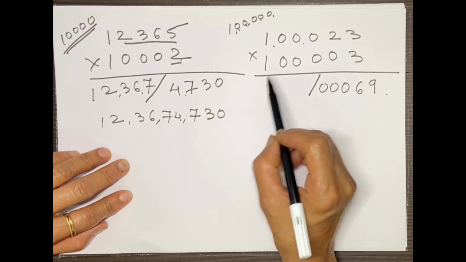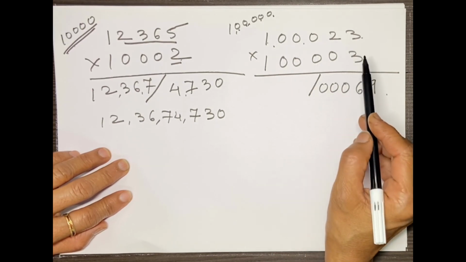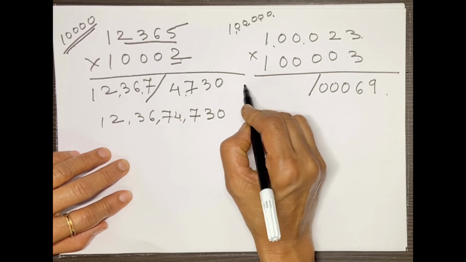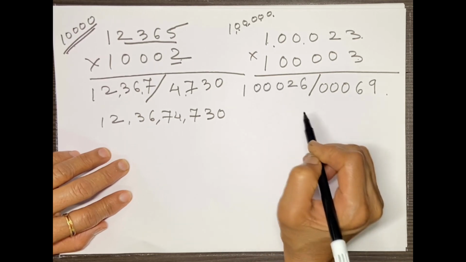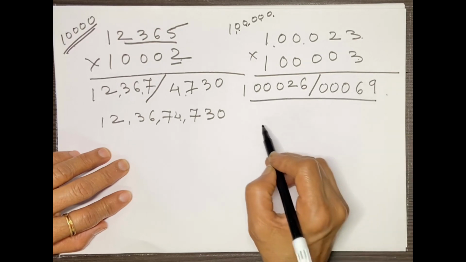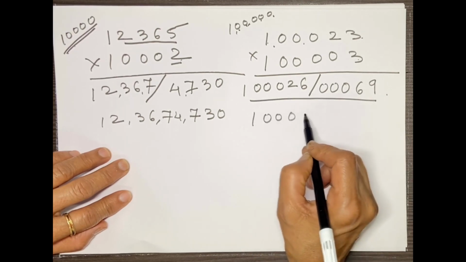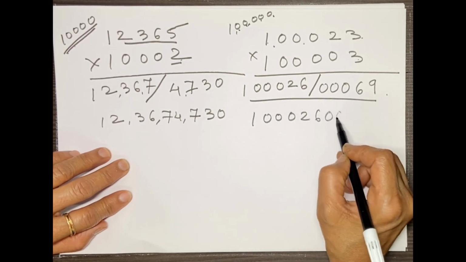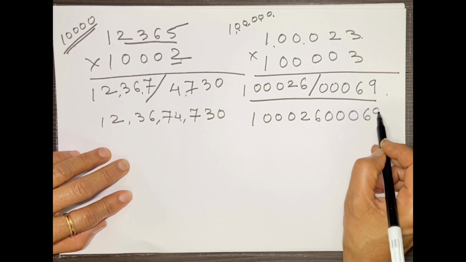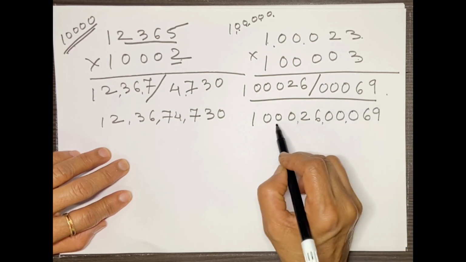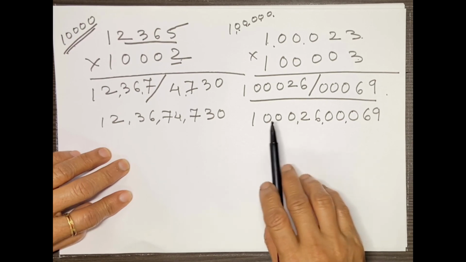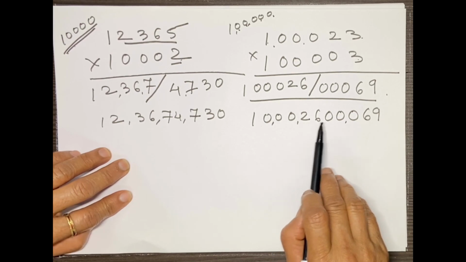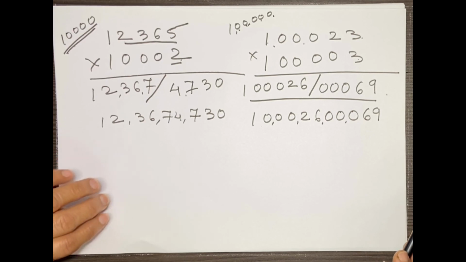Now left hand side 1,23,000 plus 3,000, 1,26,000. This is your answer: 1,00,26,00,069. That is 10 crores 26 lakhs 69, or 10 abja 26 lakhs 69 is the answer.